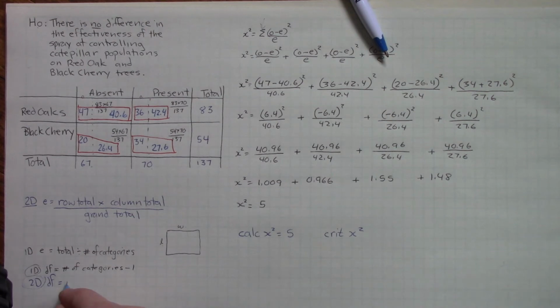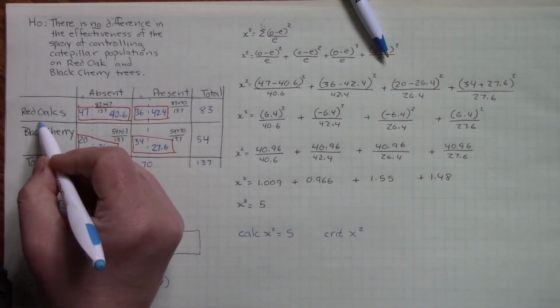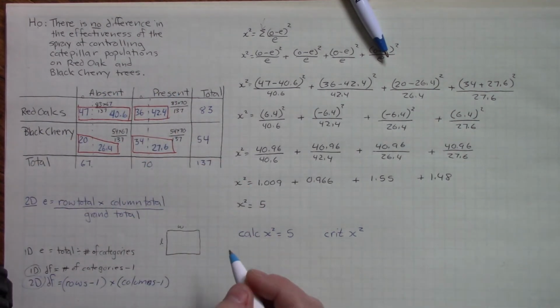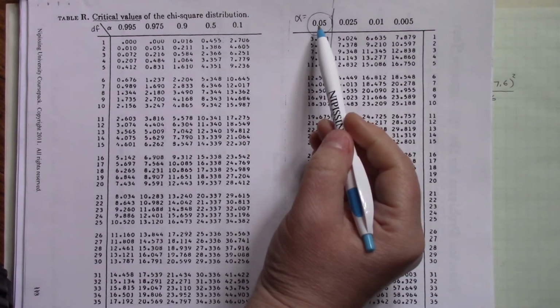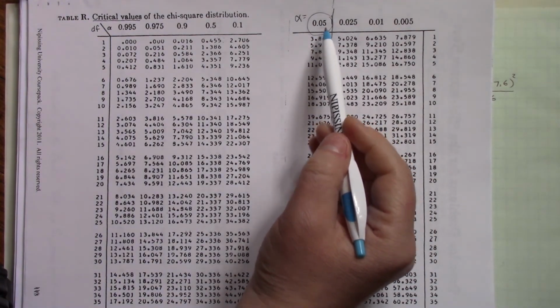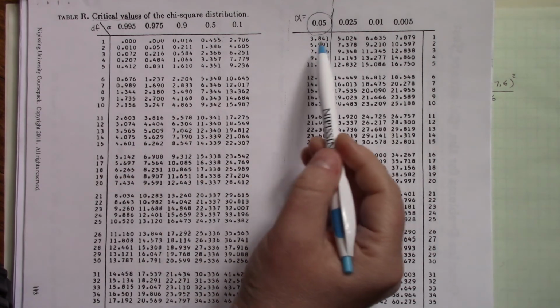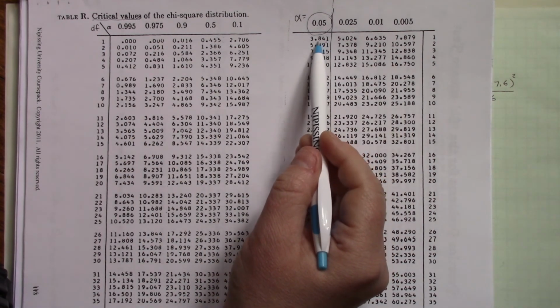So now we're going to have the number of categories in rows minus 1, so length, times our width, the number of categories in columns minus 1. So we have 2 categories in rows and 2 categories in columns. So we have 2 minus 1 times 2 minus 1, which is 1 times 1, which is 1. And if you recall, our alpha is always 0.05. And our degrees of freedom is 1, so our critical chi-squared is 3.841.